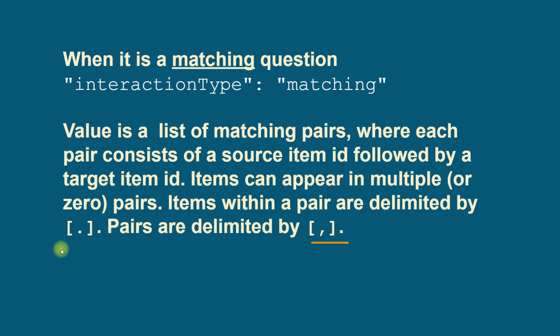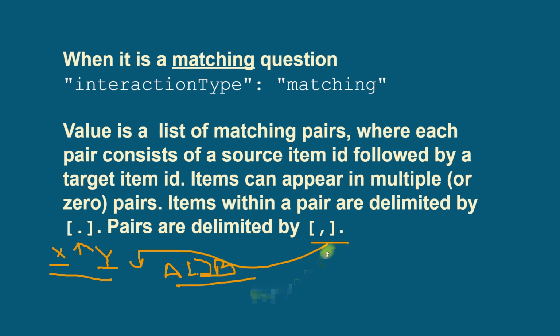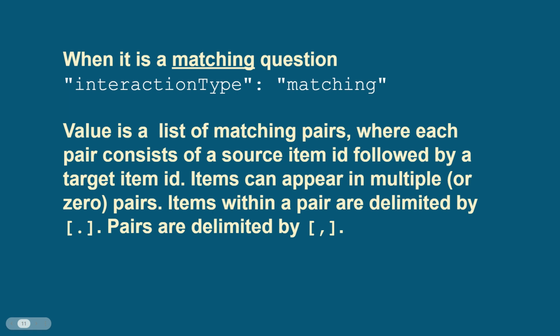Basically we have a value, then this delimiter, and then some other value, and that means X matches to Y. Then we have this delimiter, and then another set of those, A, period, B. So now we're saying X matches to Y, and A matches to B, delimited by this. Let's take a look at an example of what that looks like.